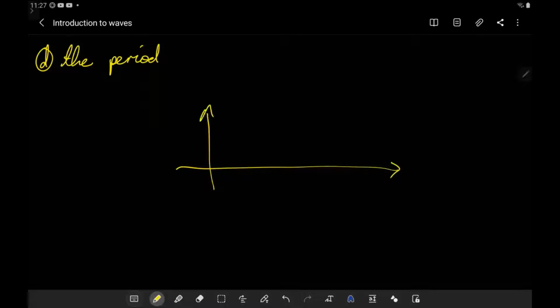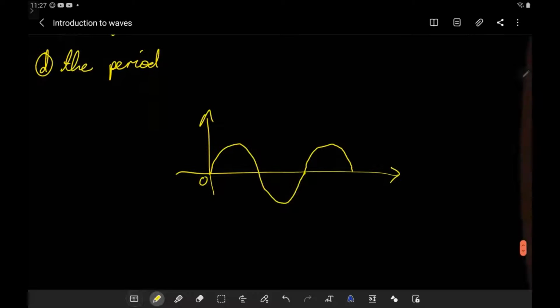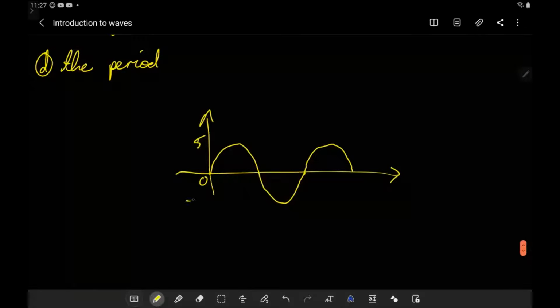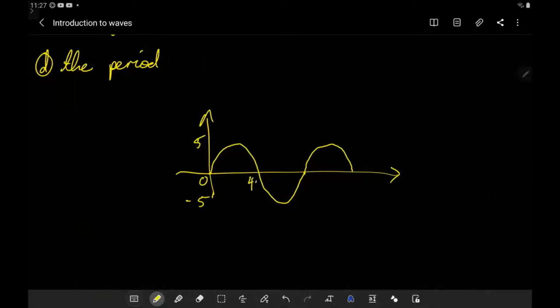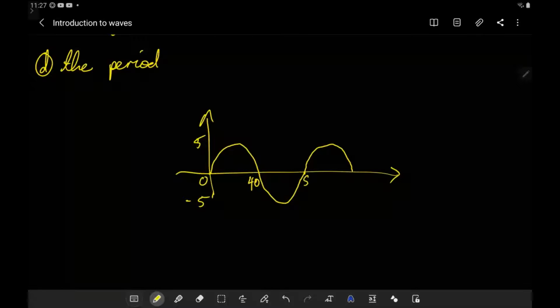So the points would be: this would be 0, this would be 5, this would be -5. This was 40, 80, 120.